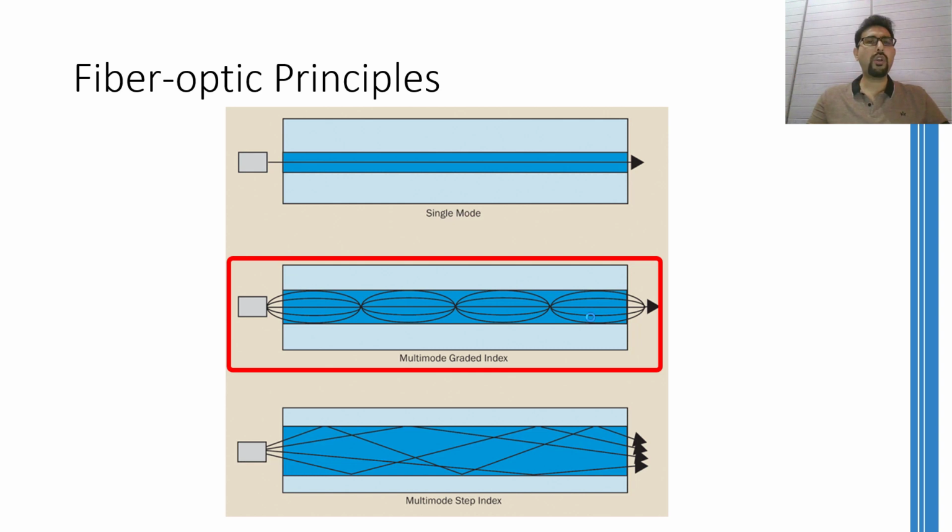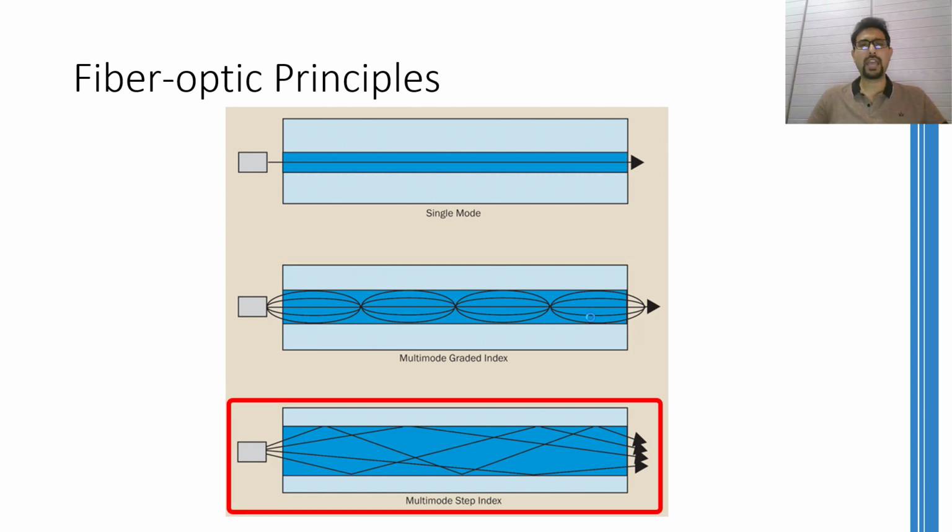Due to this, all modes reach the other end at approximately the same time, causing minimum dispersion. You can easily understand this: light that is bouncing from one edge to the other edge and traveling forward will cover the largest distance, but as it is moving near the edges, it will move at a greater speed. Hence, the time taken by this mode will be similar to the time taken by the zero mode.